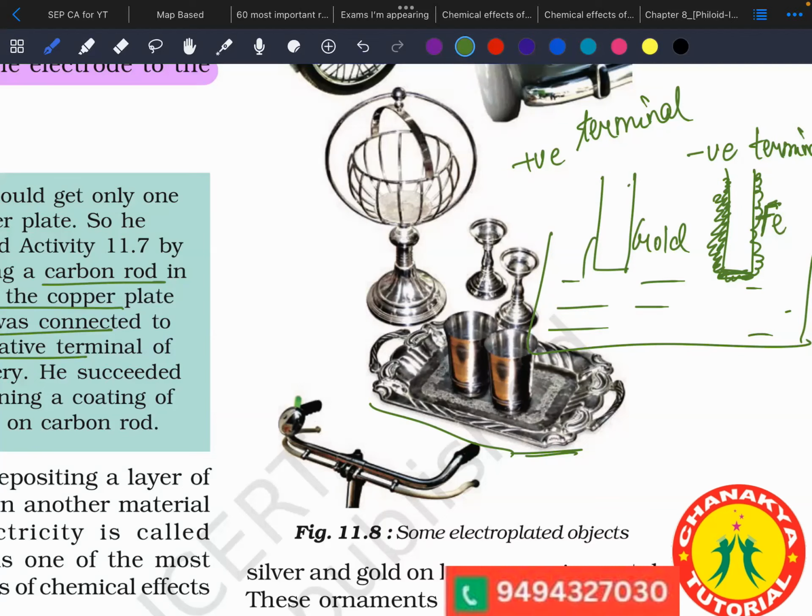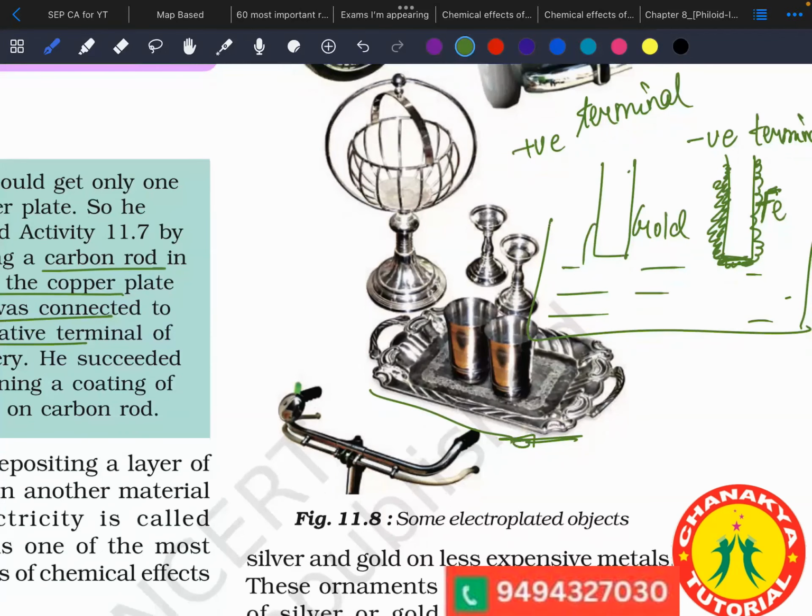The glasses, the tray, or any utensil like the plate you are using. I'm not talking about the clay plates. I'm talking about these silver coated plates. Do you know what kind of material is present on these?